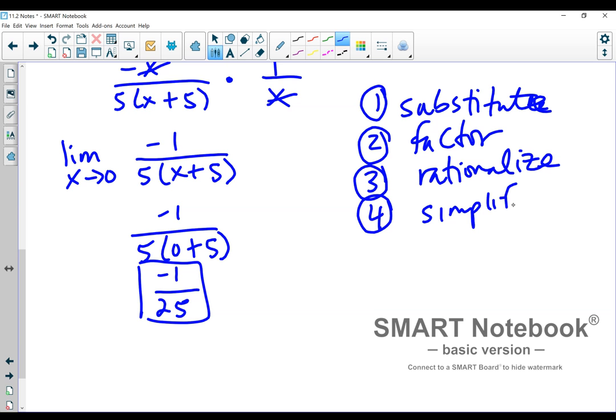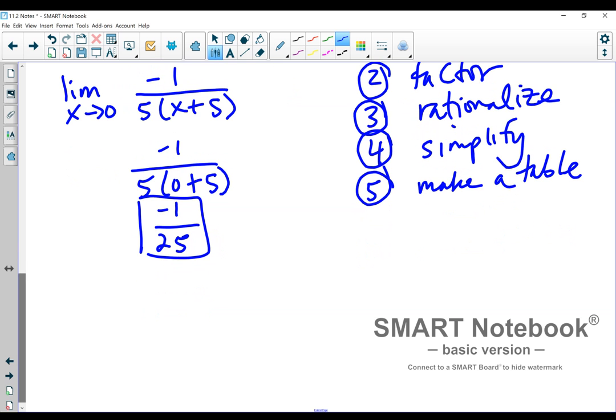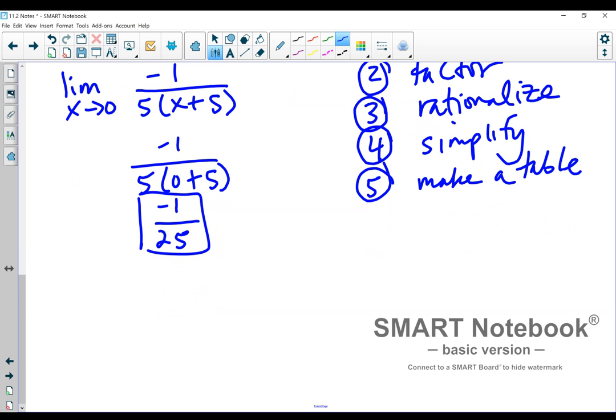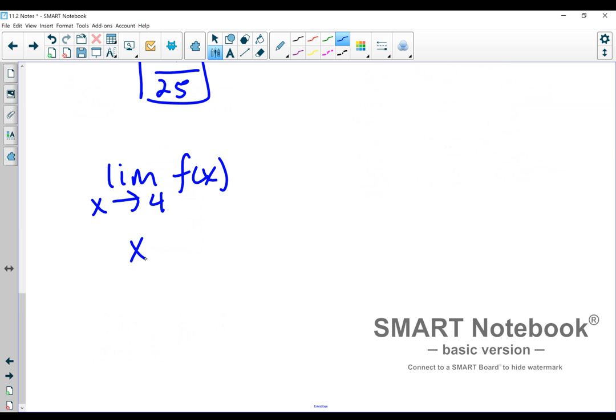And the last strategy, the one that we really don't want to use, but sometimes we do have to use, is just making a table. So if I was making a table, say I was doing the limit as x goes to 4 of f of x, then I would make an xy table and come up with numbers that were closer and closer to 4, right?